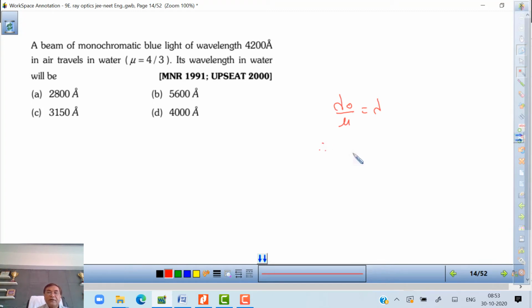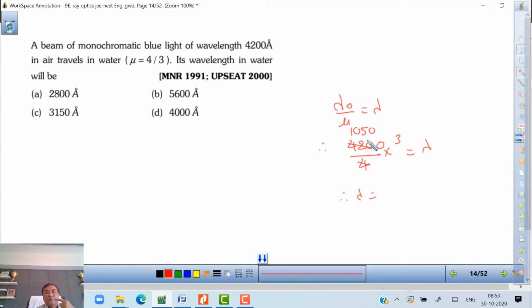So lambda 0 is 4200 angstrom divided by mu is 4 by 3 is equal to lambda. 4200, 4 by 3 છે ને, yes 4 by 3. So 4, 1, 4, 0, 4, 5, 20.